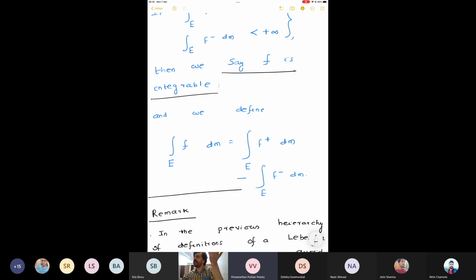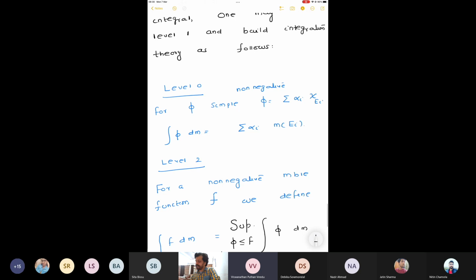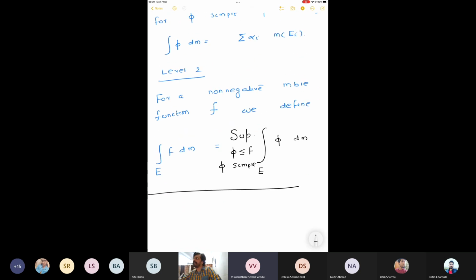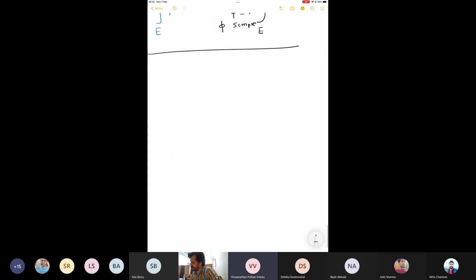Both are fortunately non-negative, and you know how to integrate non-negative functions either via simple functions or via bounded measurable functions. Either by including level 1 or by excluding level 1, you can integrate non-negative measurable functions. So now with level 3 in hand, we are proceeding.